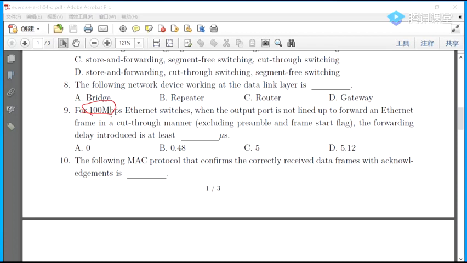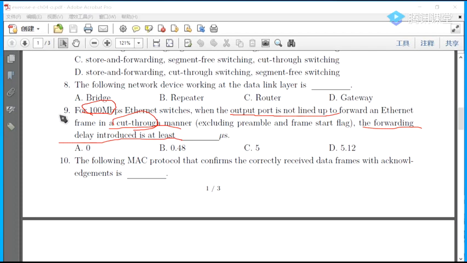For 100 Mbps Ethernet switches, when the output port is not queued up, so no accumulation, that means not queued up. With the cut-through manner, the forwarding delay introduced is at least.